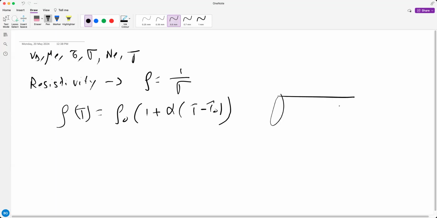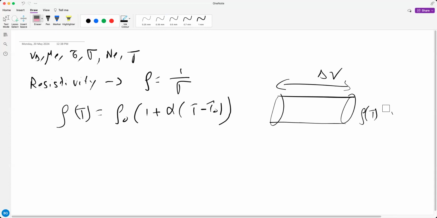Now, if I apply a potential difference delta V on this metal, which has a certain resistivity, what happens to the resistivity when I increase the temperature?